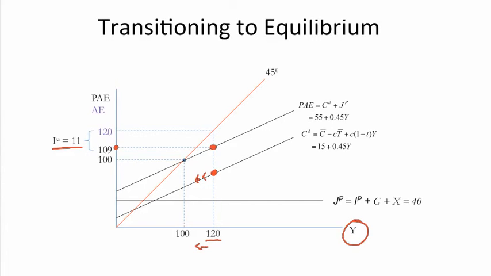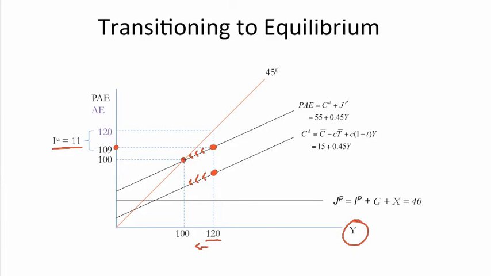Consumption, of course, is an important component of planned aggregate expenditure. So if we're moving down and along the consumption function, we are also moving down and along planned aggregate expenditure. And these movements will continue for as long as firms are experiencing an unexpected increase in inventories.